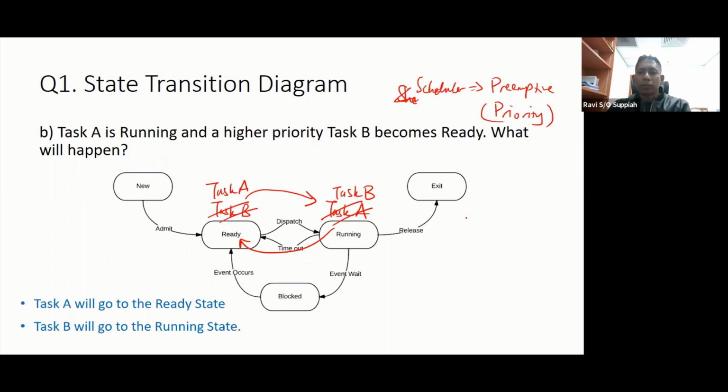Is it possible for no program to be in the running state, but every program is in the ready state? If every program is in the ready state, then something is wrong with the program, correct? Why? Because technically, if everybody is waiting for something, then when will anybody get a chance to run? The way you design your architecture should be that somebody should always be running.